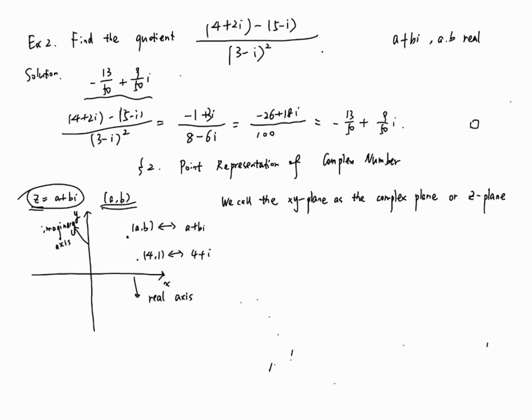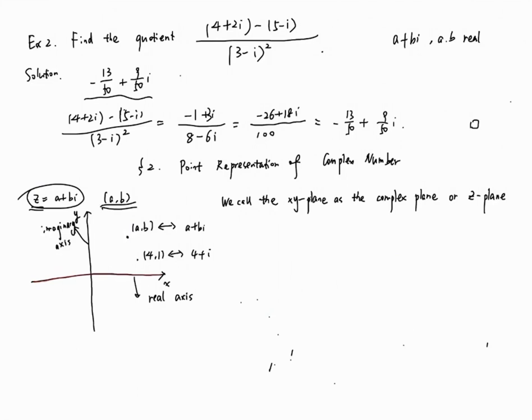This is because each point on the x-axis has imaginary part 0, which means they only have the real part.